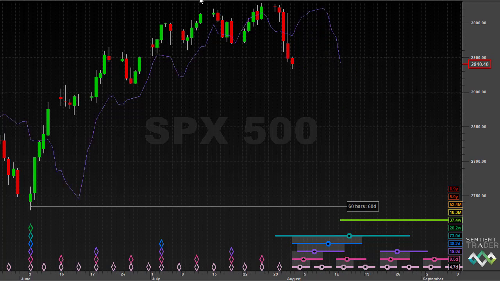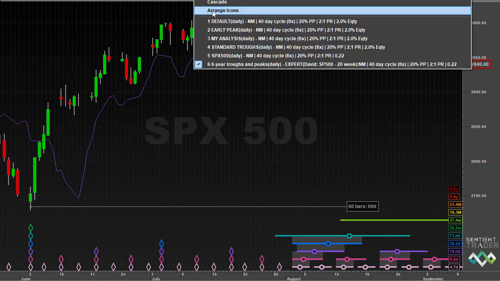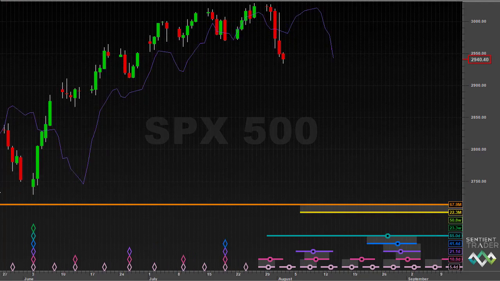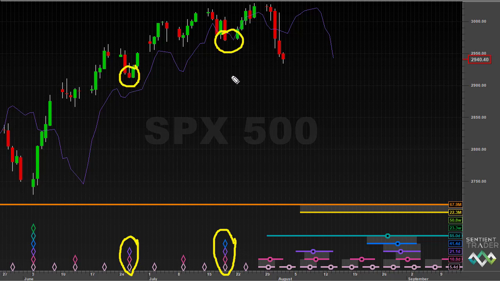But now, of course, we have two different analyses, and so there is another analysis that we can look at, which is this one over here, which has a different position for the 20-day cycle trough and the 40-day cycle trough. In my opinion, this is a slightly better analysis. There are various reasons. I won't dwell on them now, but in my opinion, this is a slightly better analysis.